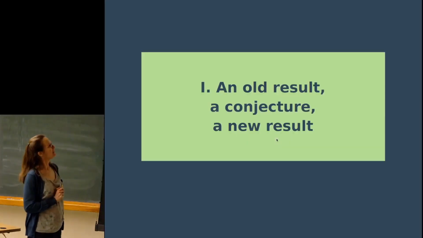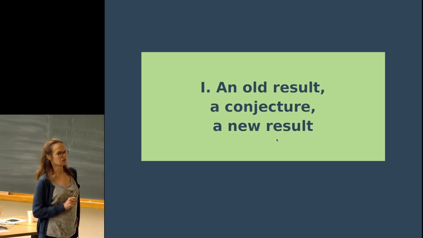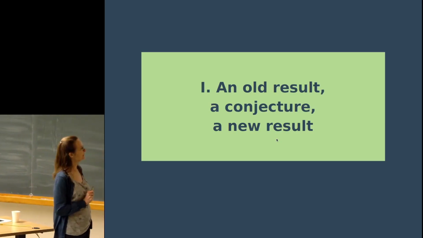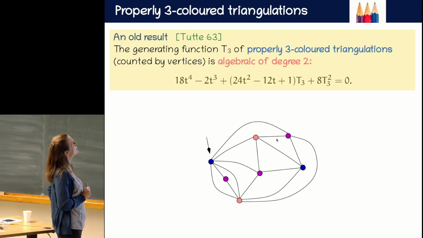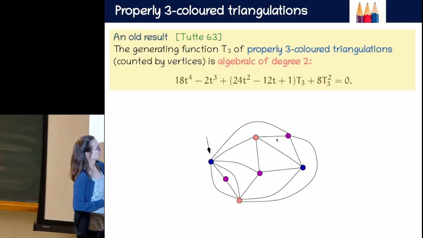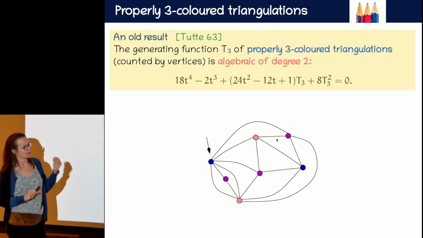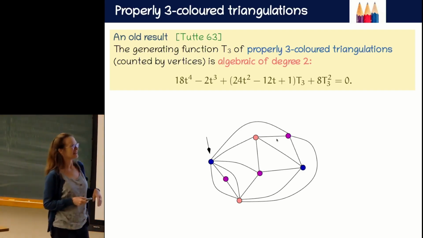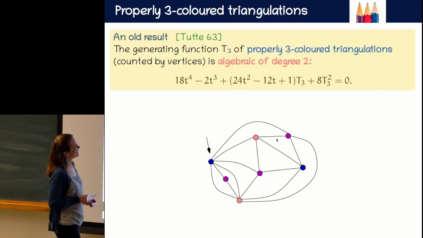So this being said, I will now present an old result, a conjecture, 15 years old or so, and a new result. First, the old result is due to Tutte, who else, who proved that if you look at triangulations, the colors are not so good here, and they are properly three-colored, so that's the class of triangulations that we saw this morning at least 3 times, if I'm not mistaken.